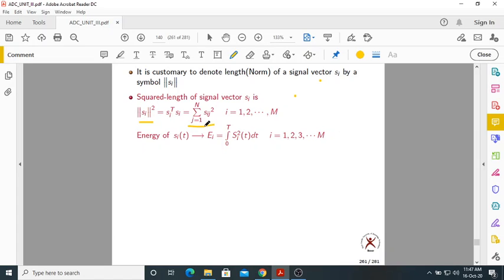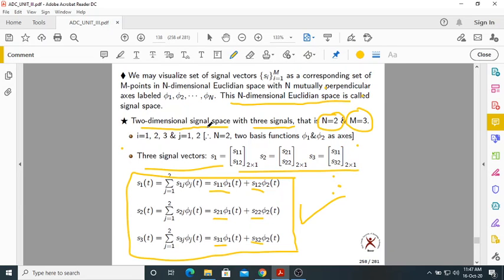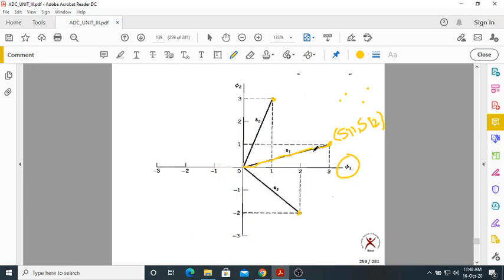In this example, what is the square of the length of this line? S11 whole square plus S12 whole square. What is the square of the length of this line? S21 whole square plus S22 whole square. What is the square of the length of this line? S31 whole square plus S32 whole square.